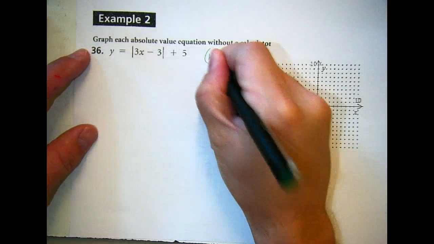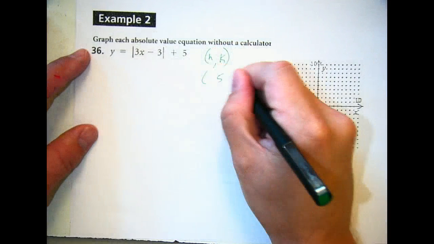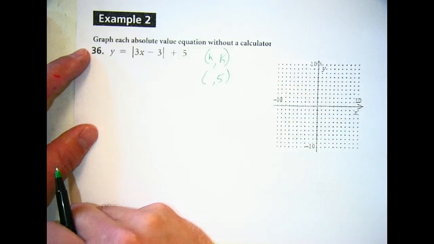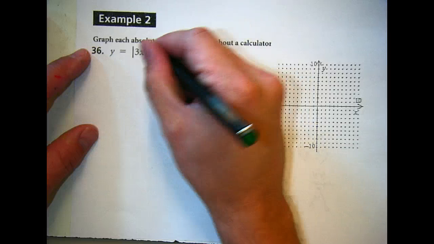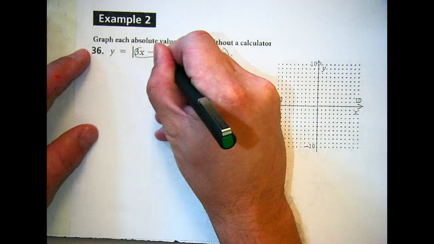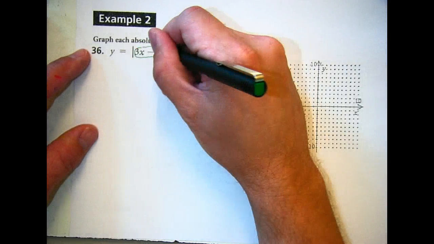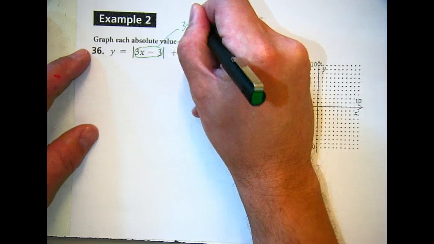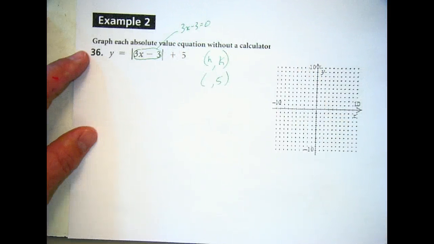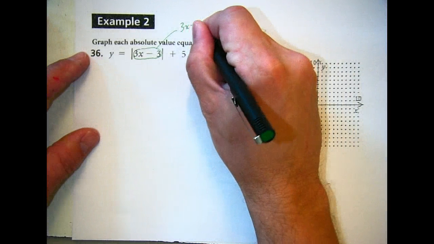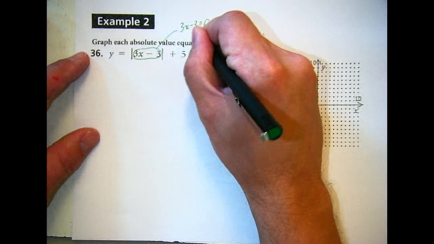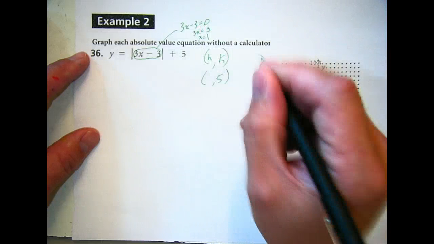What's H? 1 over 3. I think it's 1. I think the easy way is to just say what makes that 0. Yep. And when we're doing that, we add 3. We get 3x equals 3. And then we divide by 3. We get 1. Yay.